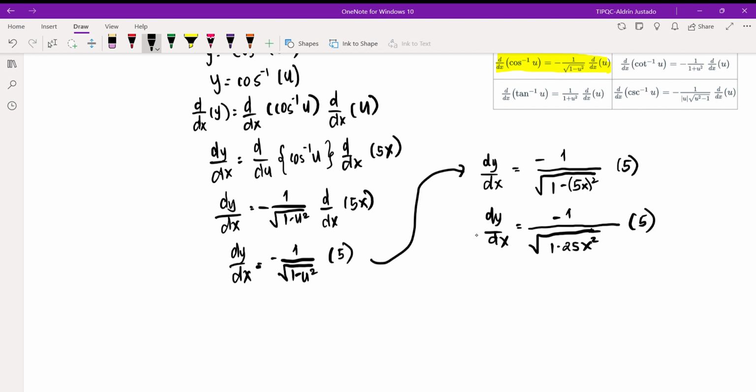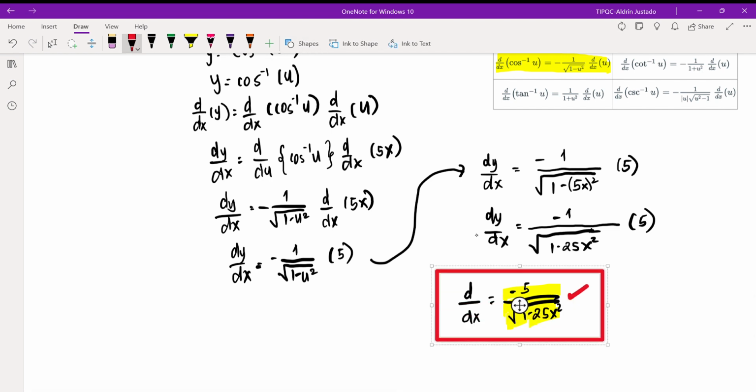So, we can simplify this as negative 5 all over square root of 1 minus 25x squared. This is your final answer. Ay, sorry. This is your final answer. Okay?